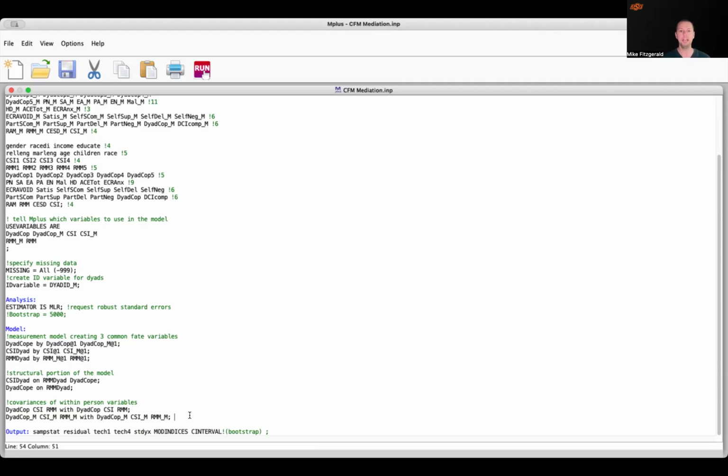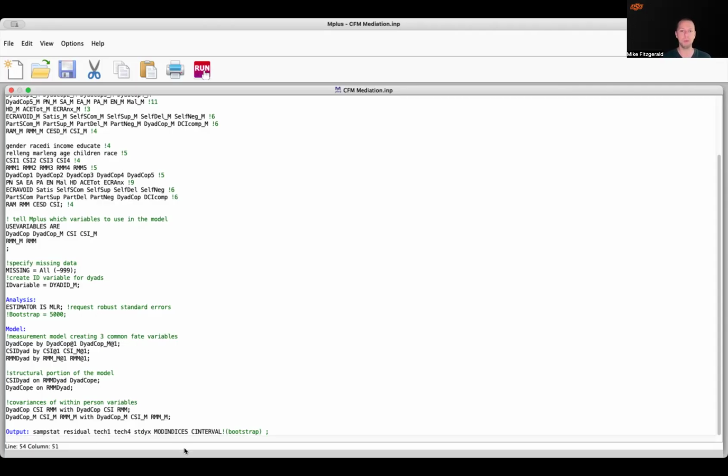For example, a male's level of neuroticism might inform how they evaluate each of the items on the relationship mindfulness scale, the relationship quality scale, and the dyadic coping scale. And that might cause a residual correlation between them because of that unmeasured factor.